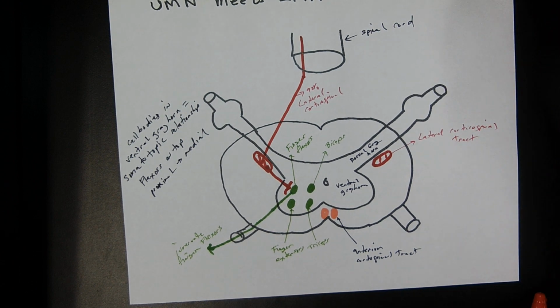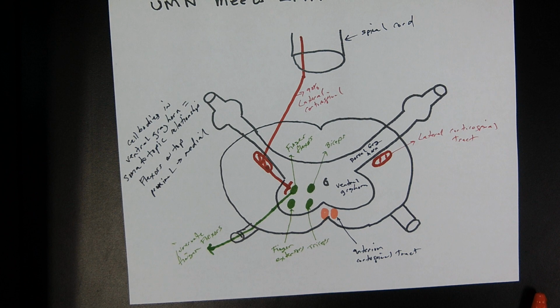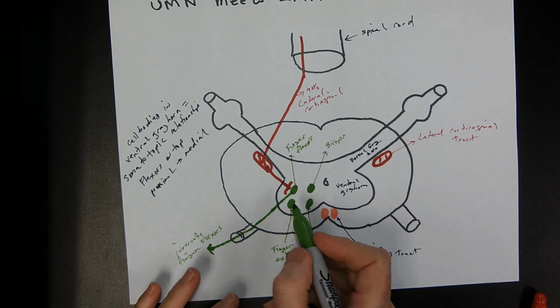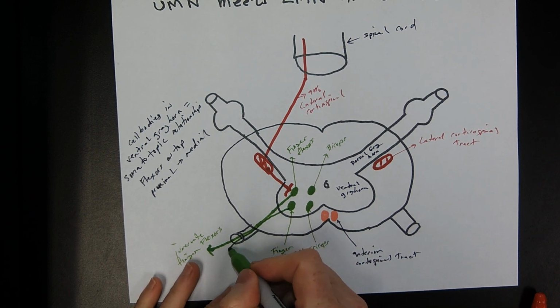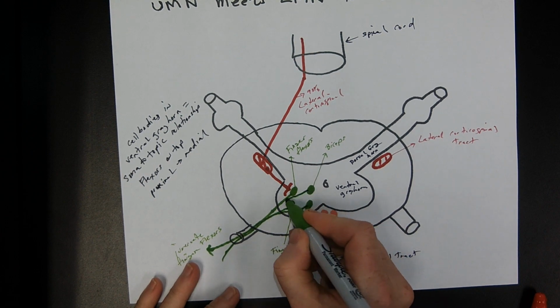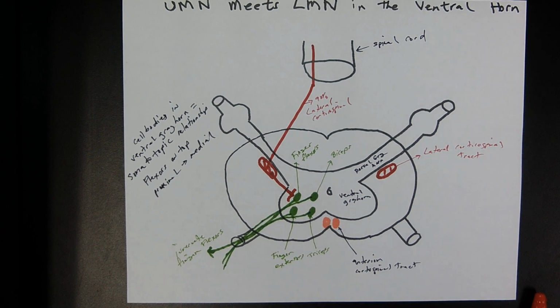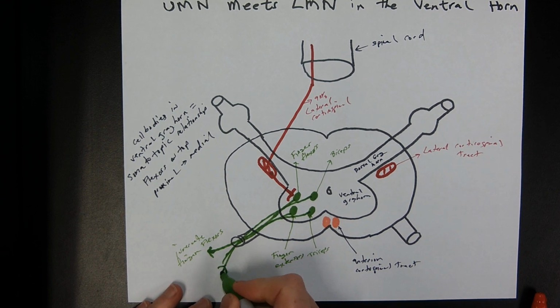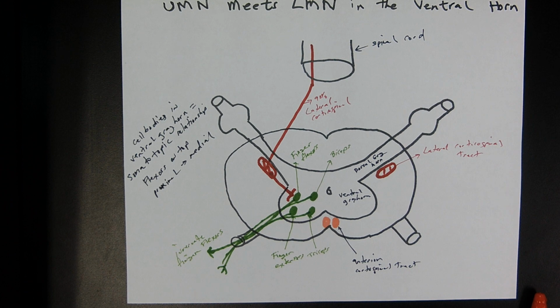Now these things here, all these neuronal cell bodies are going to have axons that come out. They're all going to come out through the ventral root. Okay. And those axons are going to be specific for whatever they innervate. Okay.